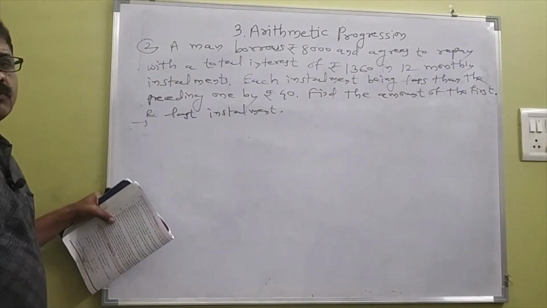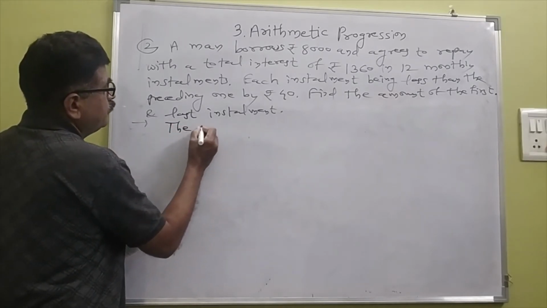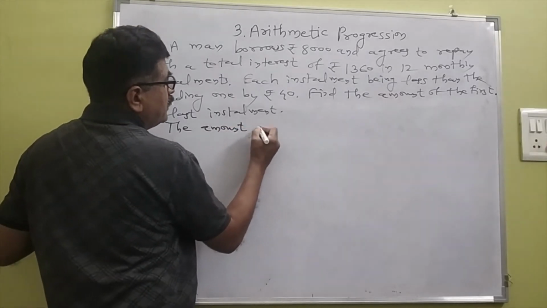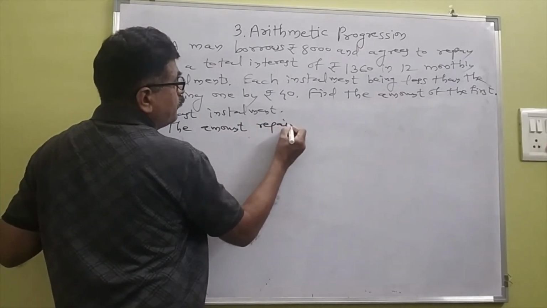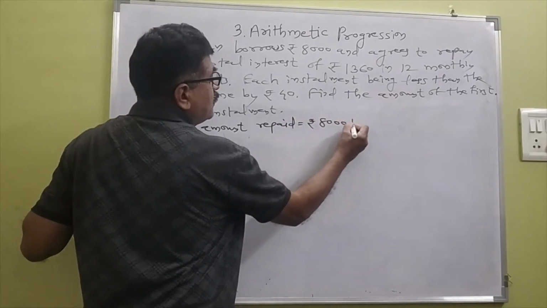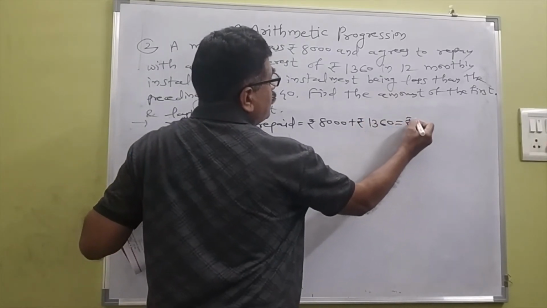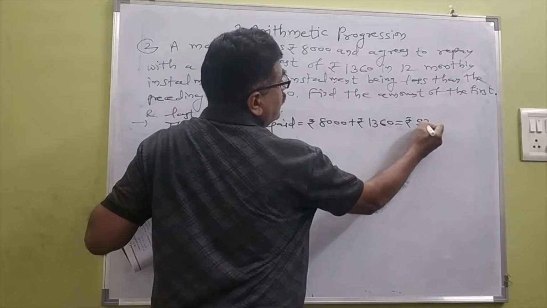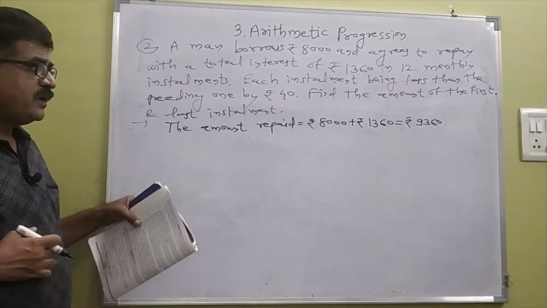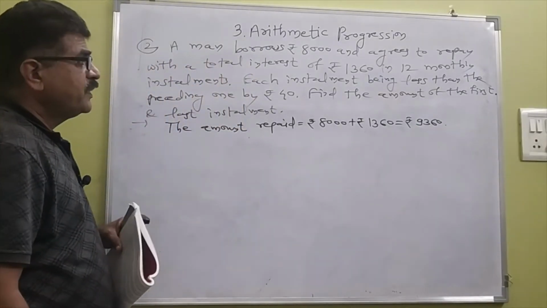Therefore the amount to be repaid is equal to rupees 8,000 plus rupees 1,360, which is equal to rupees 9,360. That is, he has to repay a total of rupees 9,360.